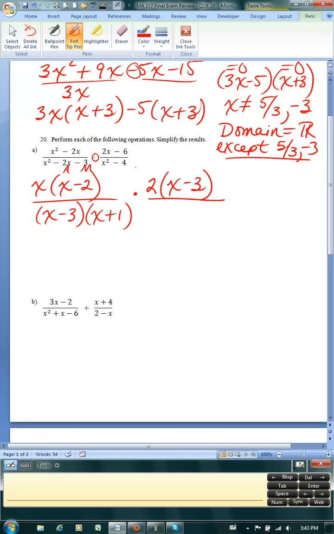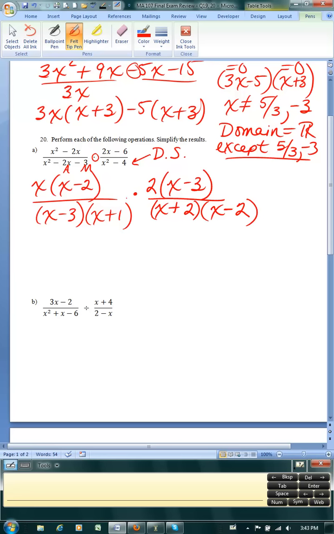And in the denominator, I have what's called a difference of two perfect squares. So I take the square root of the front, the square root of the rear, and I use opposite signs. Square root of x squared is x. Square root of 4 is 2. One's plus, one's minus.